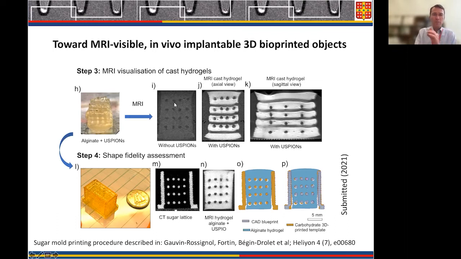From the moment we started using the ultra-small iron oxide nanoparticles, life was much easier for the students because they could have a clear delineation of the contours of the hydrogels versus the contours of the porosity.